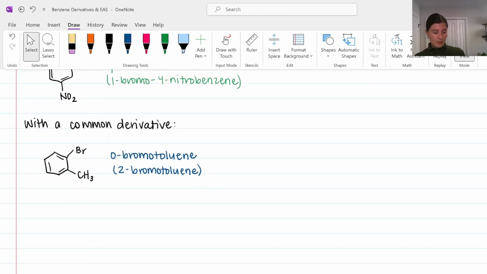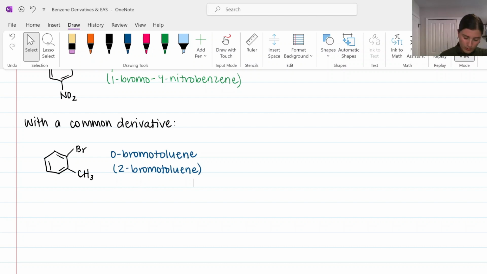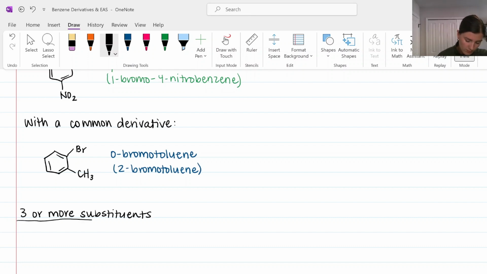Now let's look at examples where we have 3 or more substituents. Once we get to 3 substituents or any additional substituents, we use numbers to indicate the position around the ring.